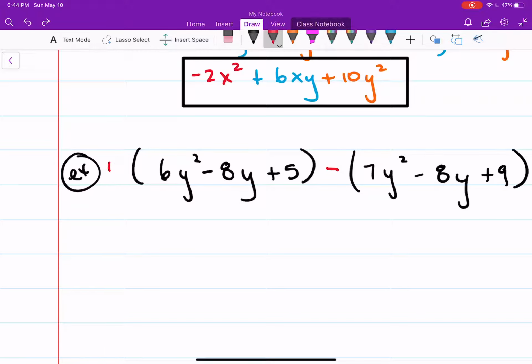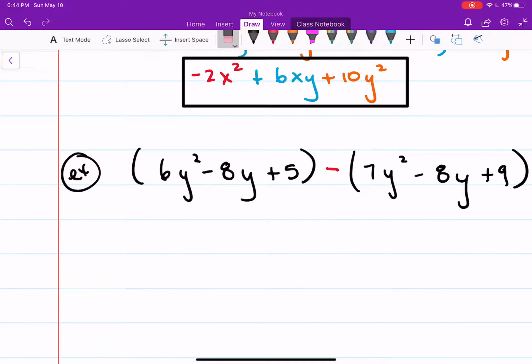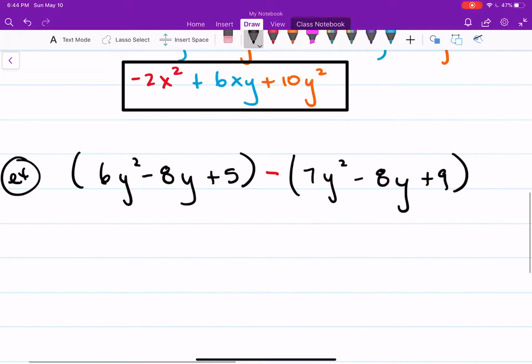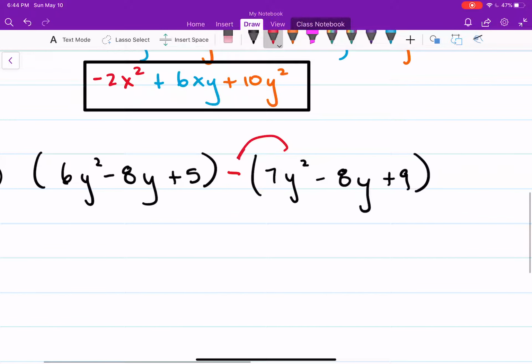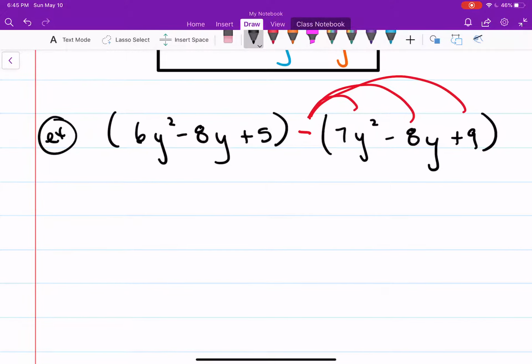That's why I'm not going to do anything with the first parentheses, but I am going to do something about the second parentheses, okay? So yes, I still have to distribute this negative into all 3 terms in that parentheses, okay? So what I essentially have is I would write the first set of parentheses just as is.